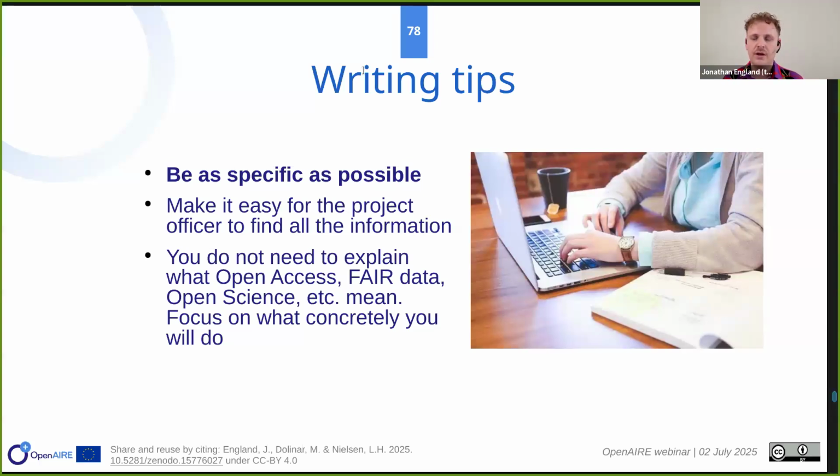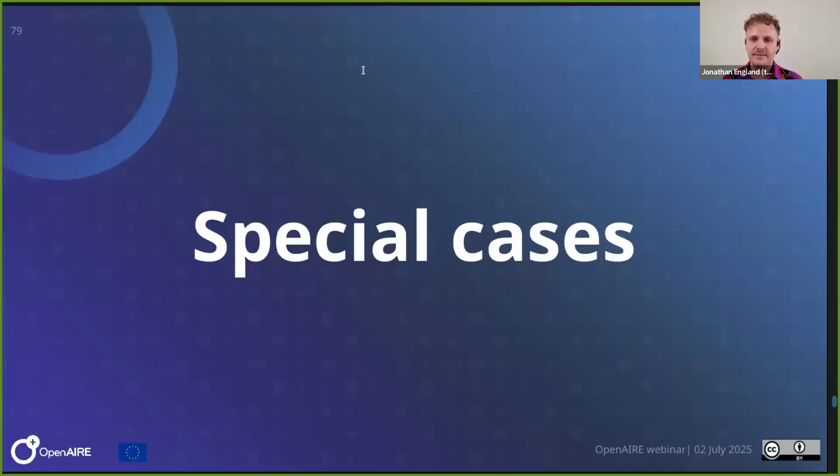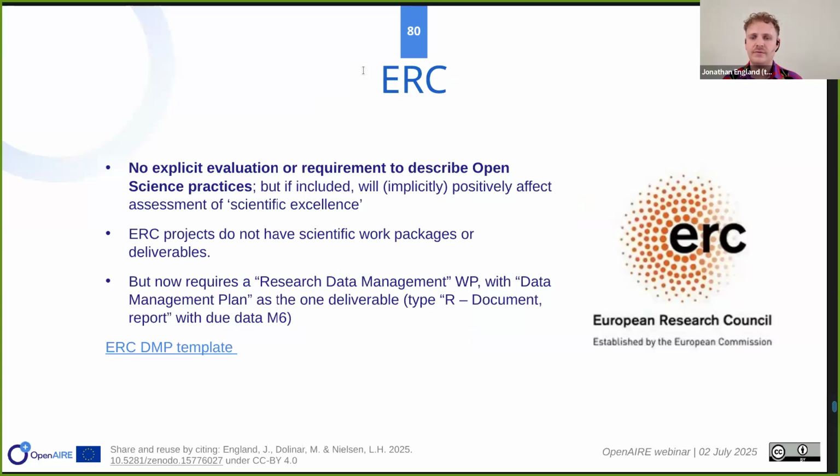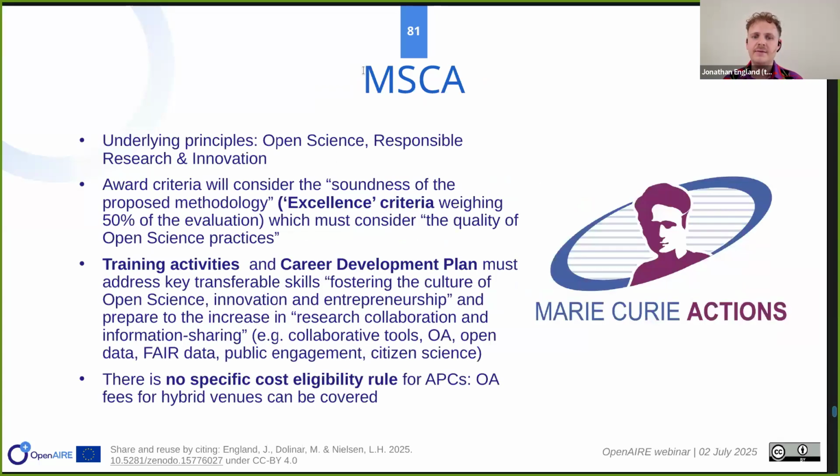There are a couple of special cases, and that's for the ERC and for the MSCA. In the European Research Council grants, there's no explicit evaluation or requirement to describe open science. But implicitly, if you add them, it will have a positive aspect. And in terms of the MSCA, it's much more included also in the excellence criteria.